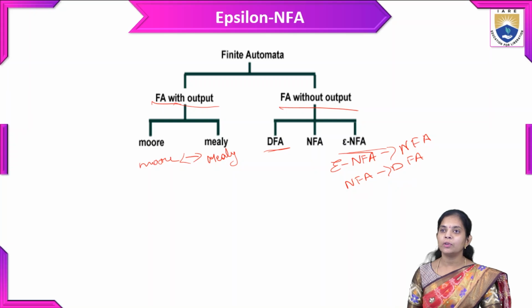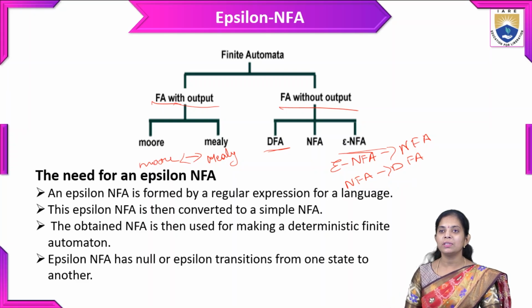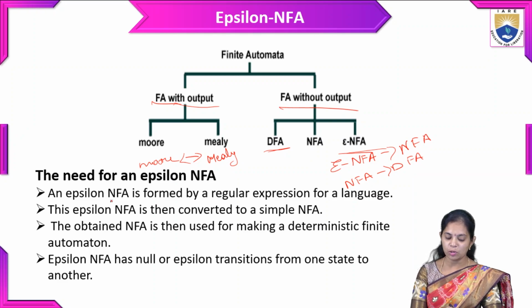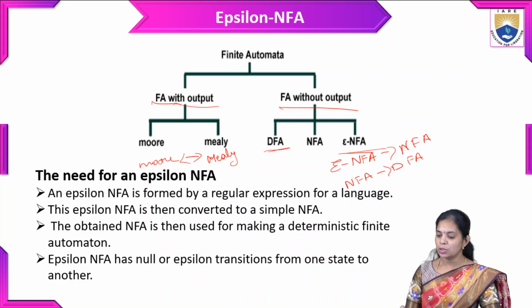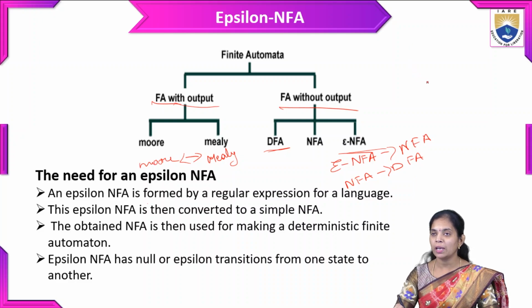What is the need of this epsilon NFA? An epsilon NFA is formed from regular expressions for a language. If you observe the types, we have four types of grammar, and the first one is type 3, which is about regular expressions or regular grammar.